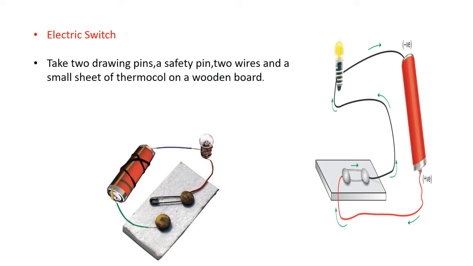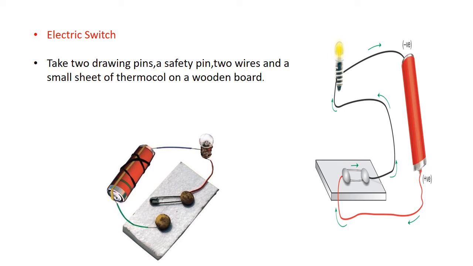First you insert a drawing pin into the ring at one end of the safety pin and fix it on the thermocol sheet as it is shown in the figure. Then you make sure that the safety pin can be rotated freely. Now fix the other drawing pin on the thermocol sheet.